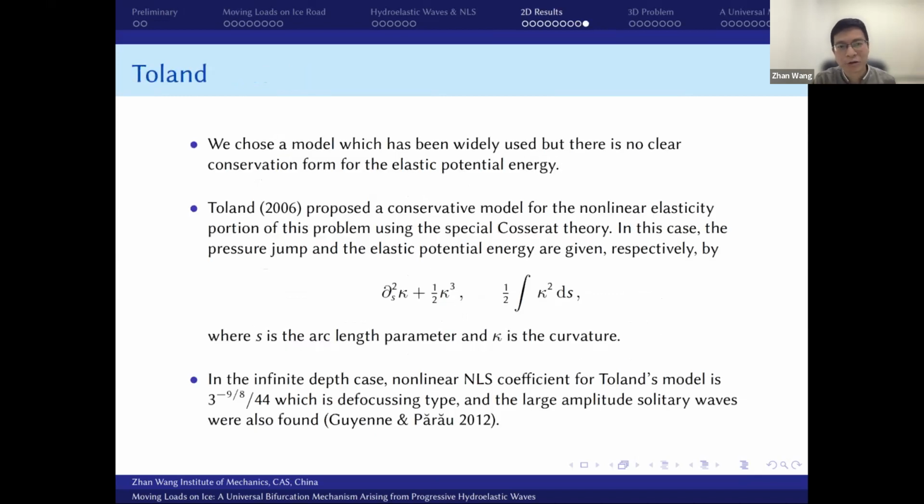So we choose a model which has been widely used, but there's no clear conservation form. We use a Kirchhoff-Love model for the elastic beam, with the second derivative of the curvature. There's no clear conservation form for the elastic potential energy for this model. But then in 2006, Toland proposed a conservative model for the nonlinear elasticity portion of this problem using the special Cosserat theory.